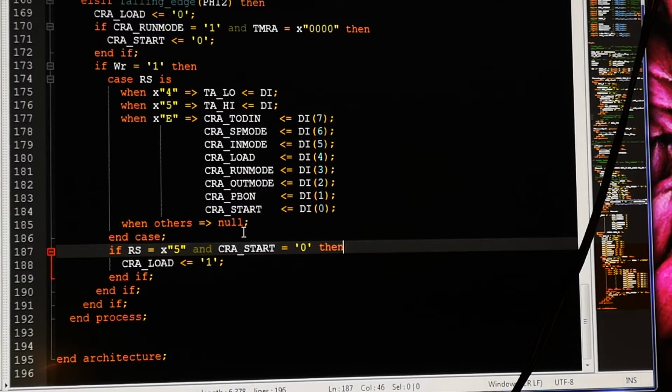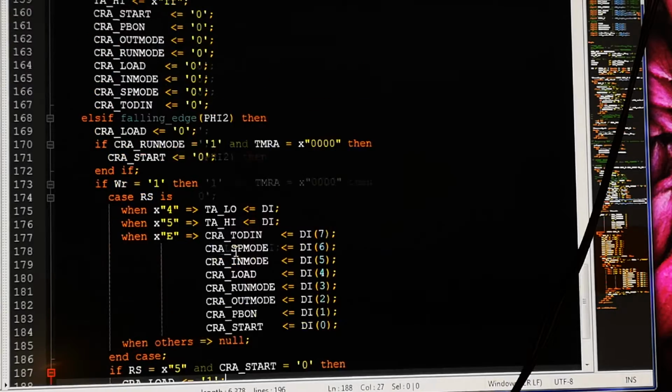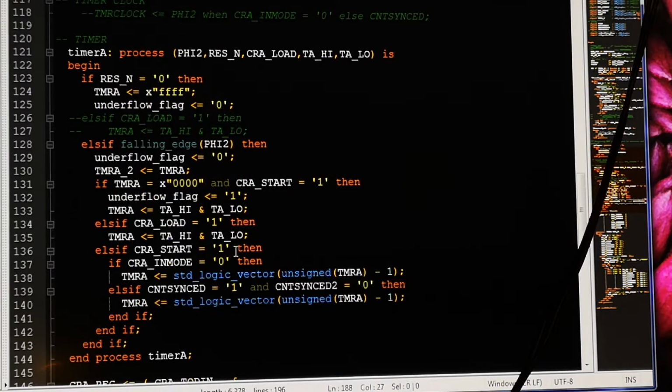If there's a read and the timer was not running, it is supposed to run, but it was not running, then you load. So that's correct.